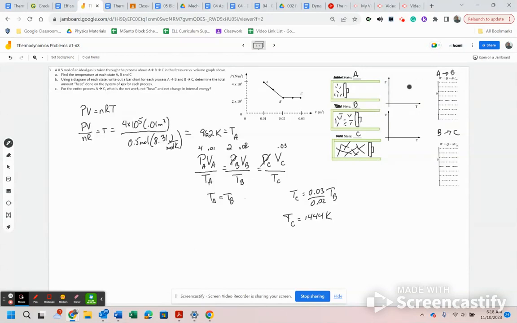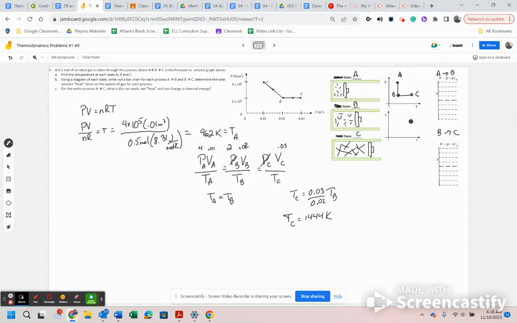Looking at our charts here, we know that from A to B the temperature will not change and the pressure will decrease. So on here we have A to B, and then from B to C the pressure will remain the same and the temperature will increase. So that is what our chart will look like for pressure versus temperature.